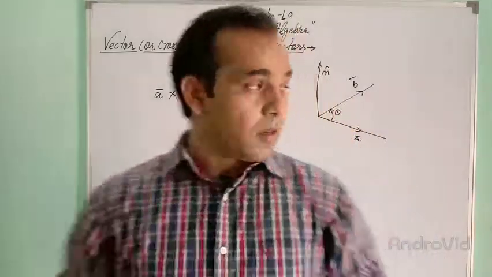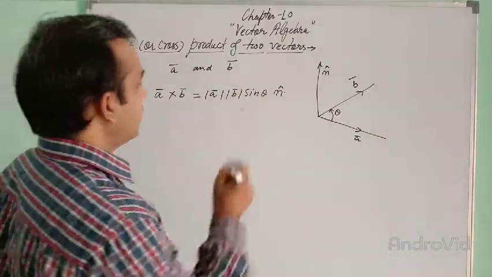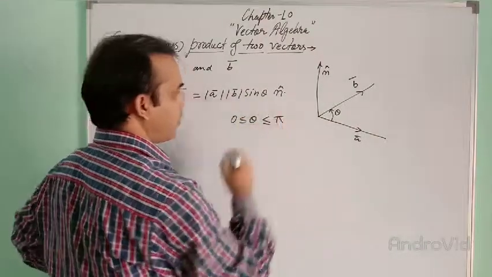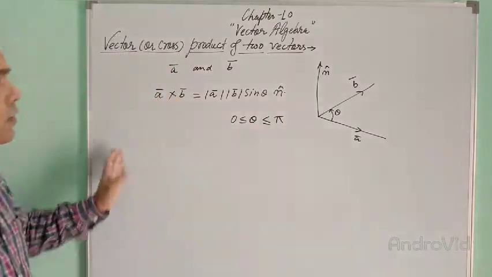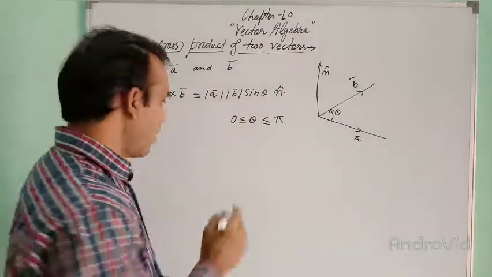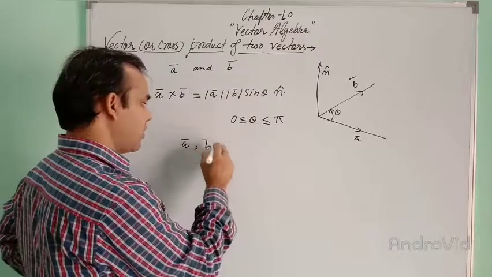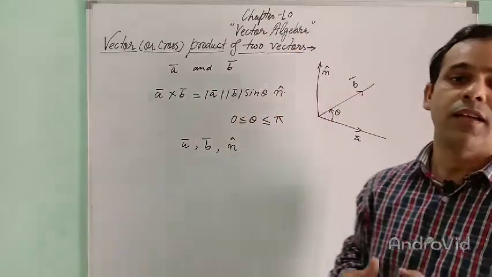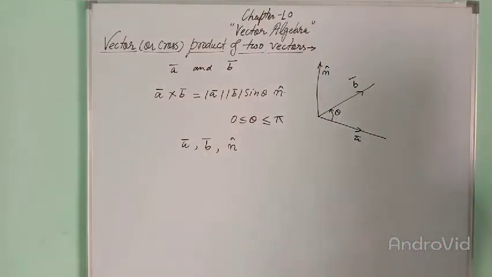Clear? Now here theta lies between 0 to pi, and a vector, b vector and n cap will form a three-dimensional right-handed rectangular coordinate system.